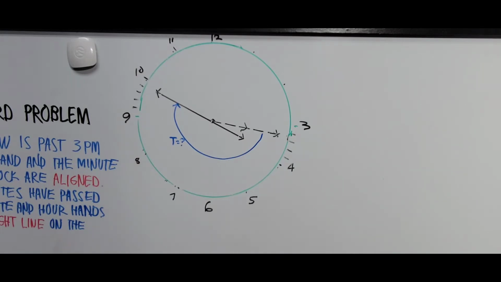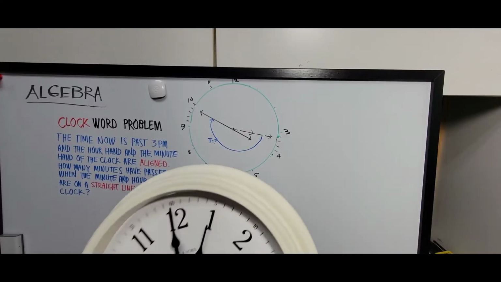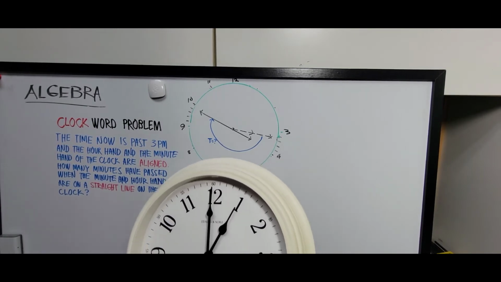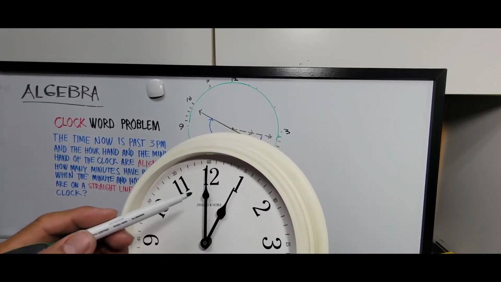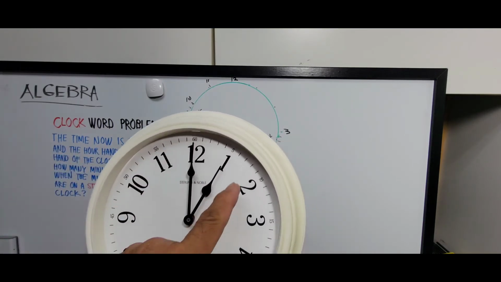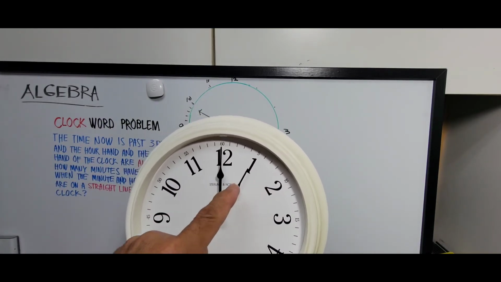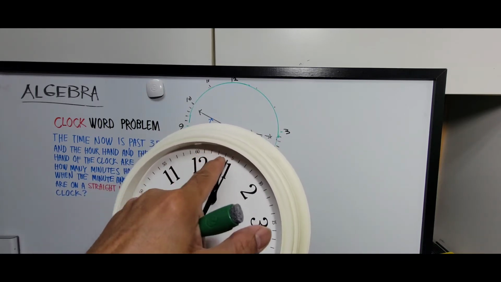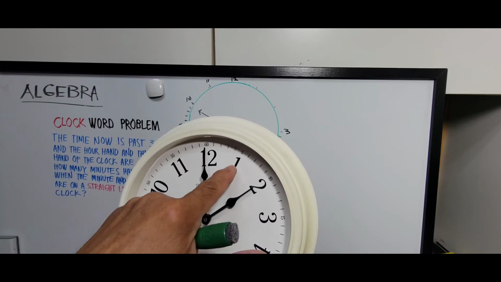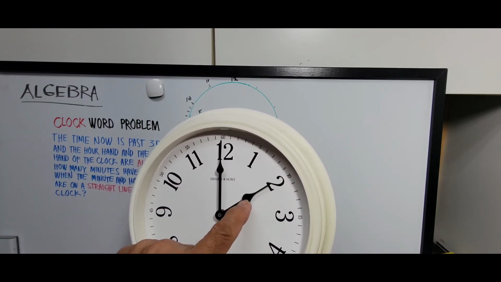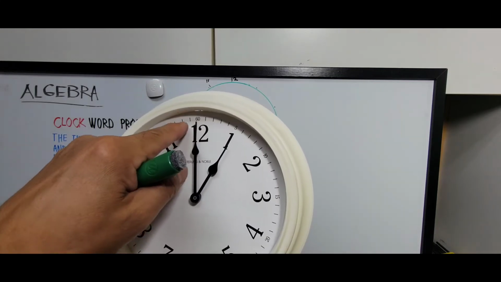When it comes to the movement of the minute hand and the hour hand, to explain the relationship of their movements, this is the hour hand, the minute hand right here. If the minute hand sweeps 60 minutes all around the clock, the hour hand moves just 5 minutes.